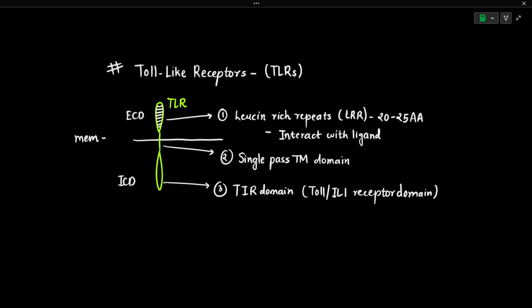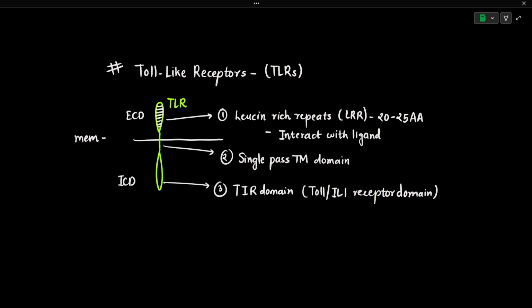Just like any other receptor, if you have seen my cellular signaling lectures, the TLR also has its structure. The extracellular domain interacts with the ligand, the transmembrane domain holds the receptor over the membrane, and the intracellular domain has the signaling activity.